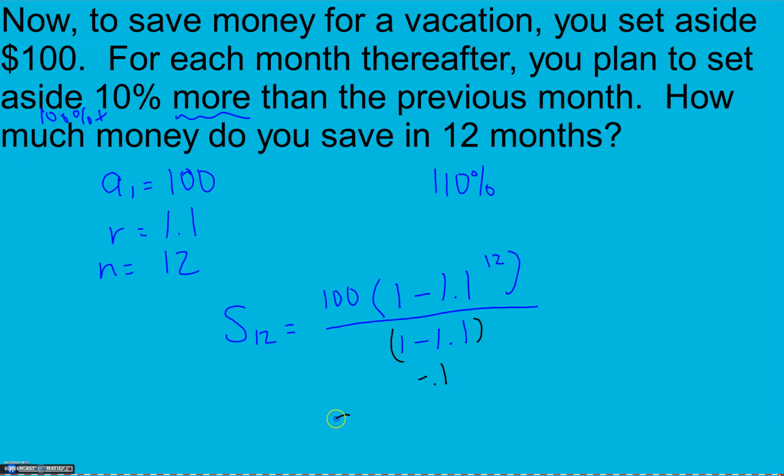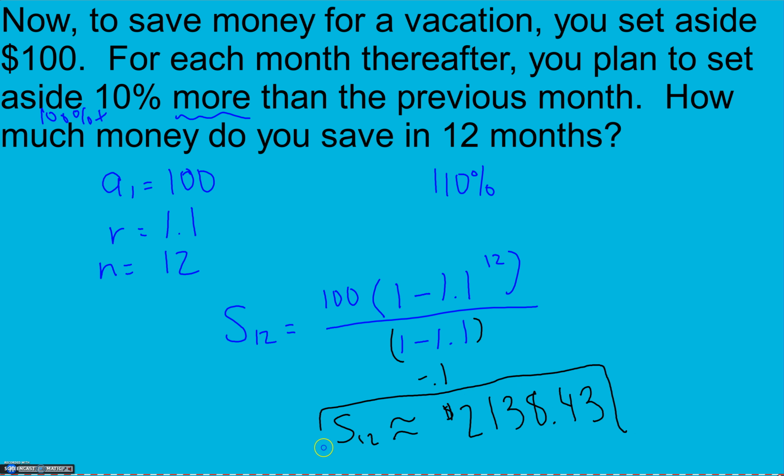And we should get, after 12 months, approximately $2,138.43. Please make sure you're typing those in your calculator to make sure that we're getting the right values here. And I will finish the rest on the next video.